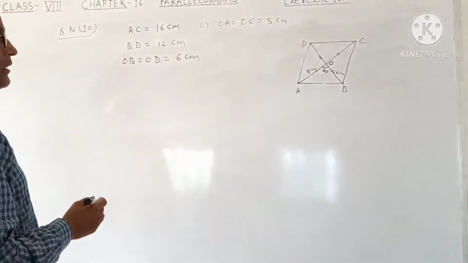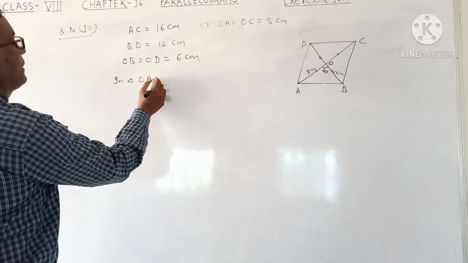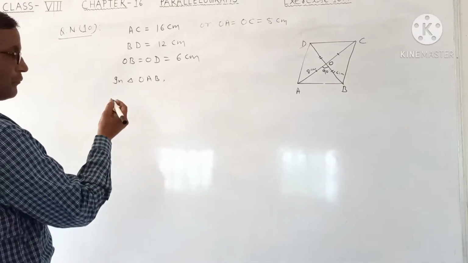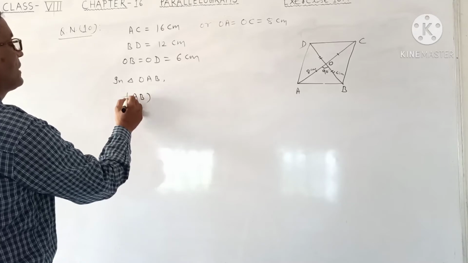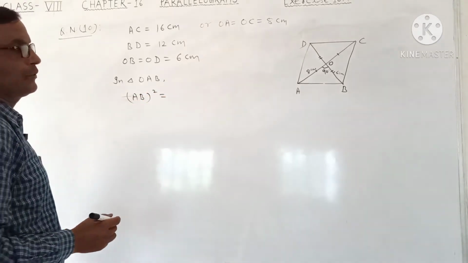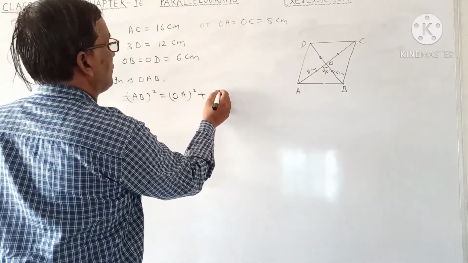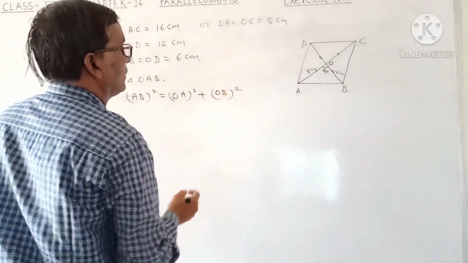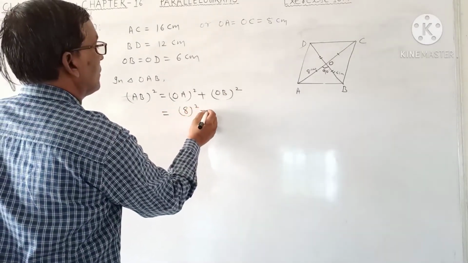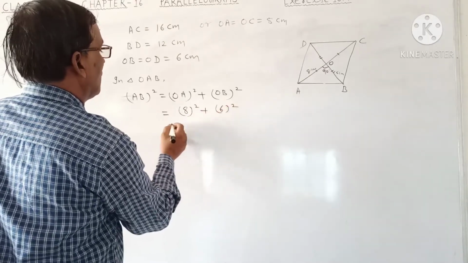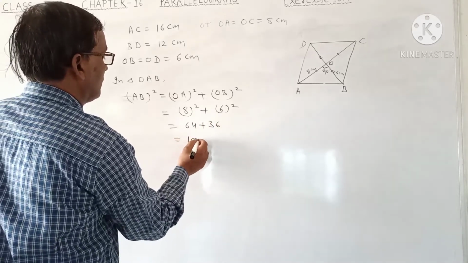So in triangle OAB, by Pythagoras theorem, AB square equal to OA square plus OB square. Then it is 8 square plus 6 square, and it is equal to 64 plus 36 is equal to 100.